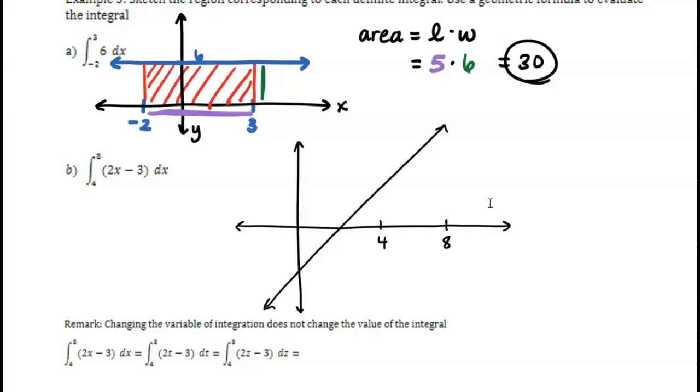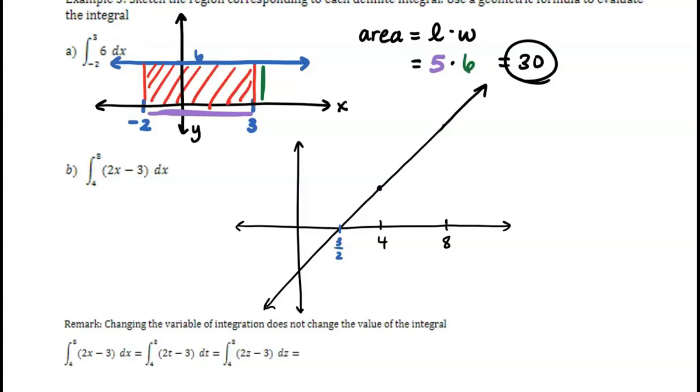I know that this function is going to be hitting the x-axis at 3 over 2. So let's see what the function value is at 4, and let's see what the function value is at 8.